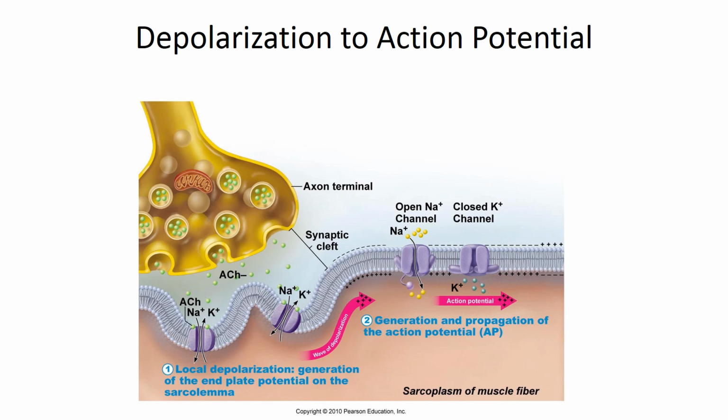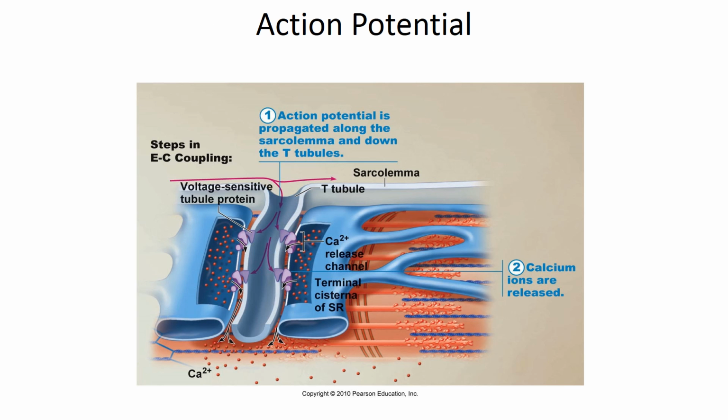Thus, the action potential begins to travel rapidly away from the motor end plate across the entire sarcolemma and then down into the T-tubules, which you can see here. And that allows calcium ions to be released from the terminal cisterna of the sarcoplasmic reticulum.